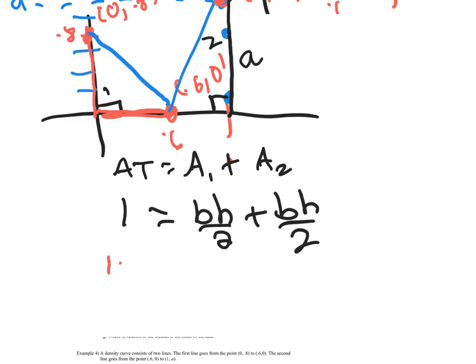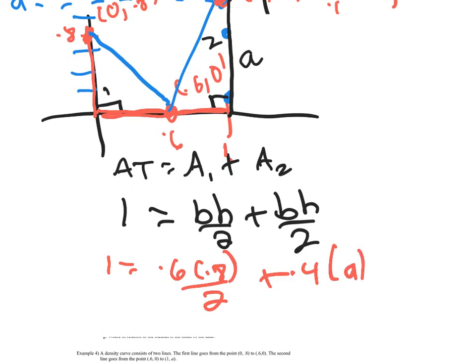So 1 equals 0.6 times 0.8, all divided by 2, plus, what's the base of the second triangle? 0.4, because this is a 1, right? What's the height? I don't know that, so I give it a variable, A. It's already called A. Divided by 2. That's right. So I have an awful lot already done.